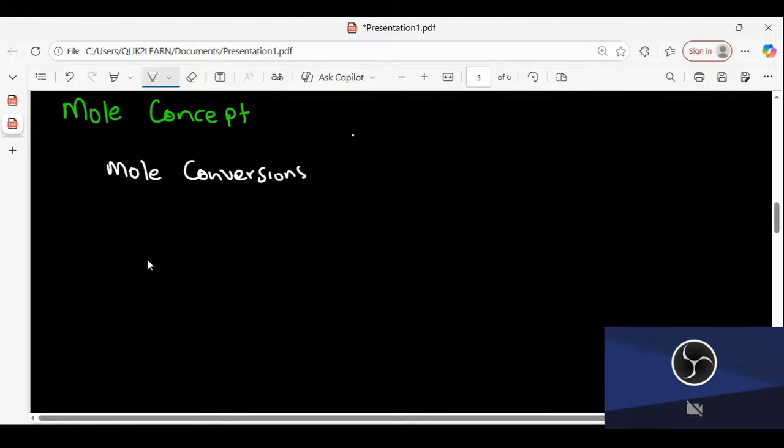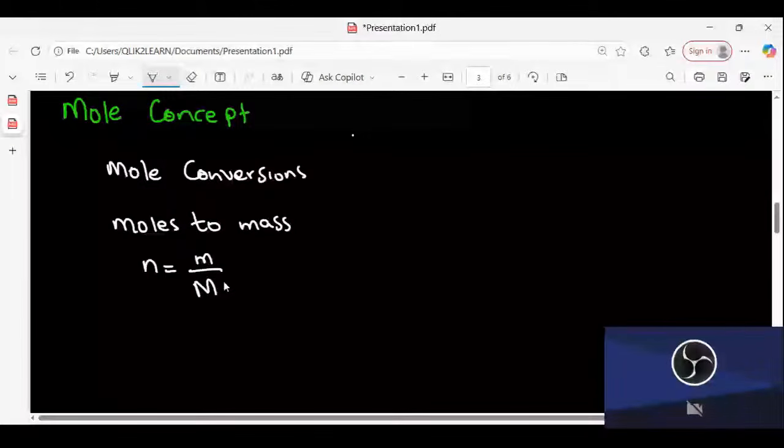So let's say that you have moles and we need to convert the moles to mass. It's very important to know what you have and what you need to do. Let's say you have the number of moles and you need to convert them to mass. Which formula do we use? n equals m over M, where small m is your mass and big M is your molar mass.